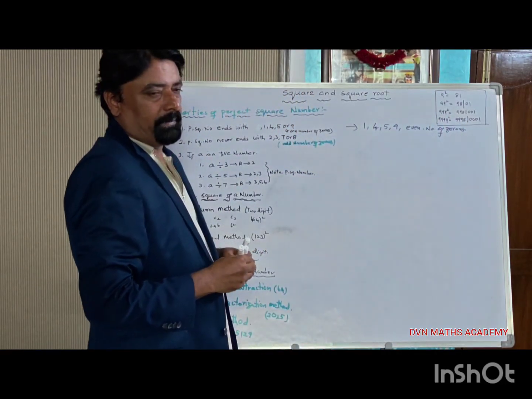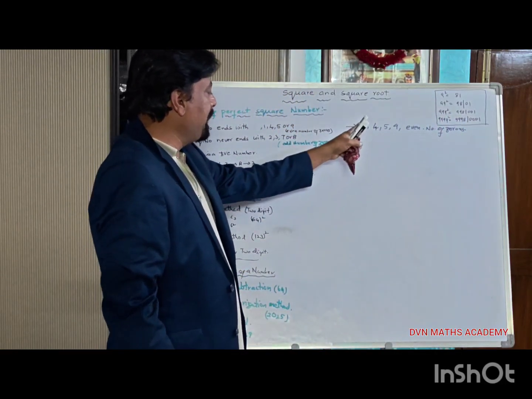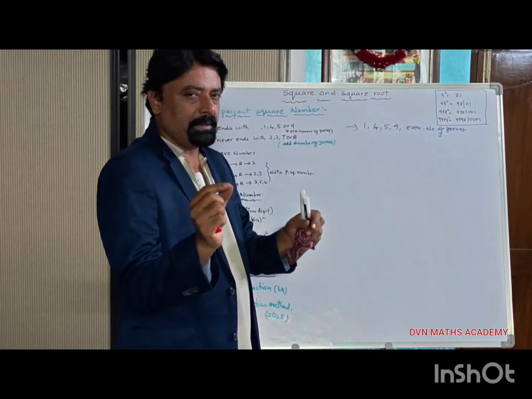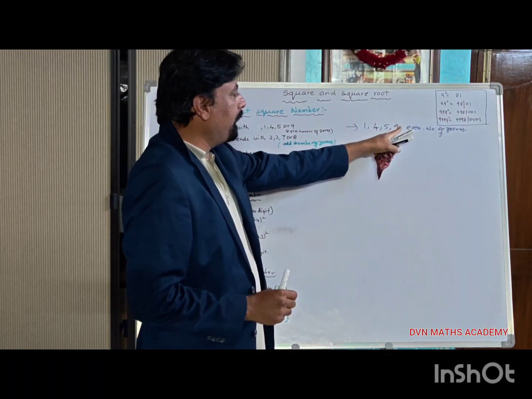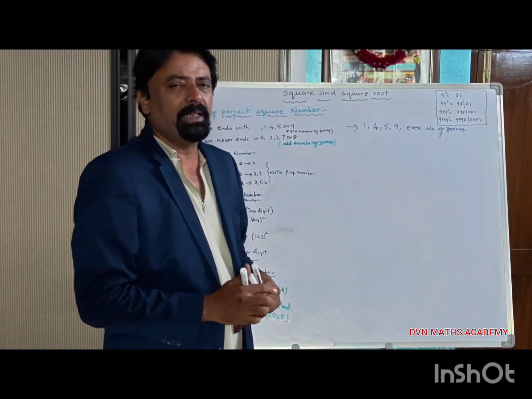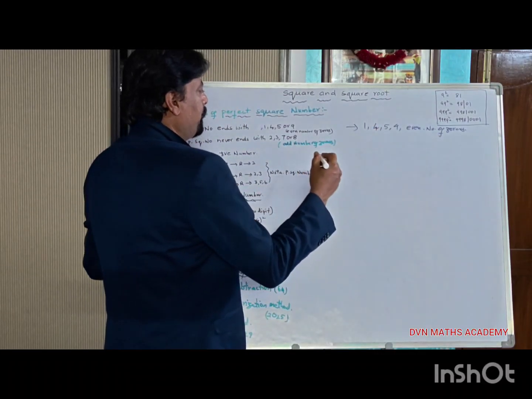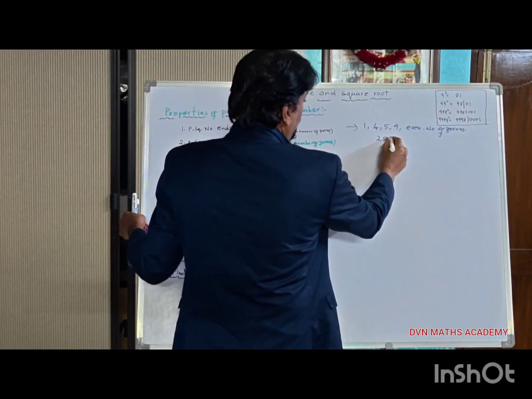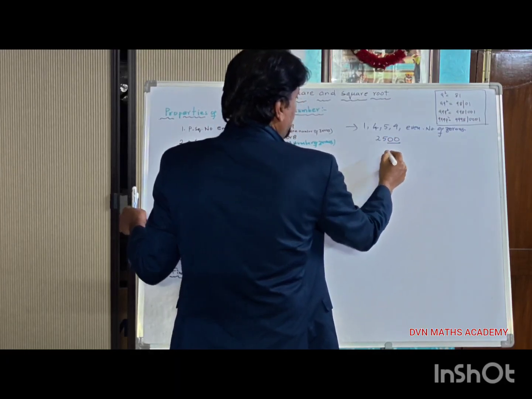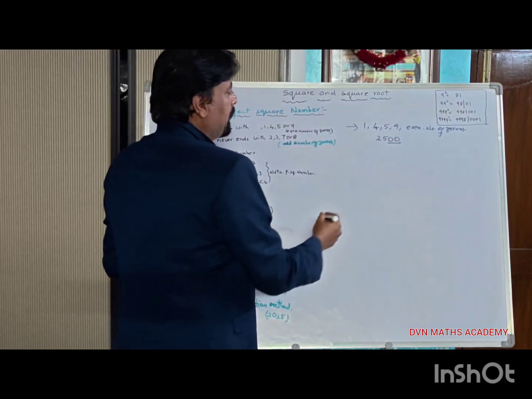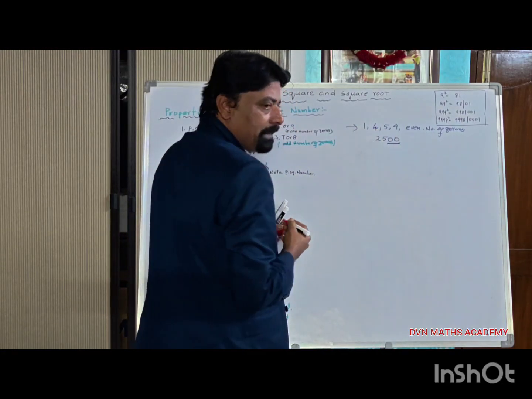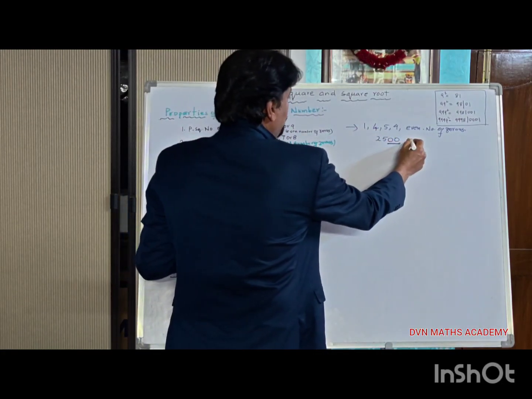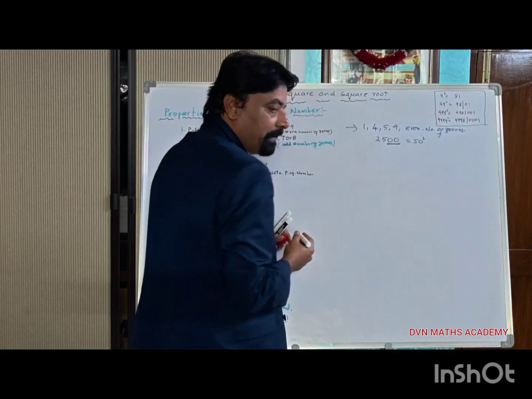Every perfect square ends with, meaning its unit digit will be 1, 4, 5, 9, or an even number of zeros. For example, if you take 2500, it ends with 2 zeros, therefore the number of zeros is even, and it may be a perfect square, and it is a perfect square, that is 50 square.